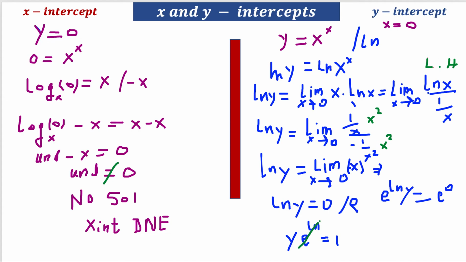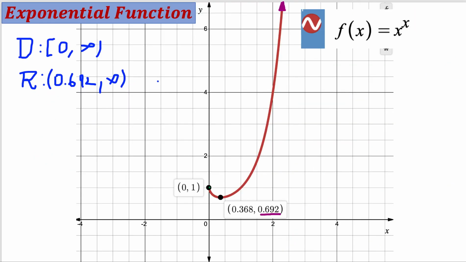This here is equal to 1, so y is equal to 1. And we have an intercept here, the y-intercept. When x is 0, y is 1. So that is the y-intercept, and we already justified this y-intercept on the y-axis.